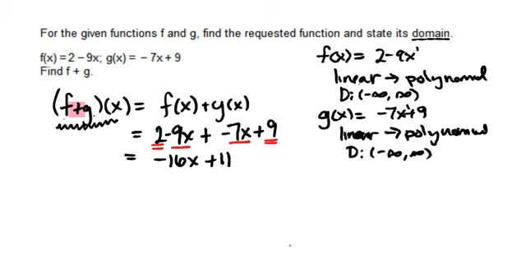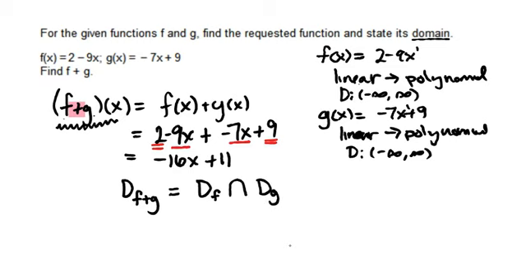So when you construct a function, you have to consider those individual domains. I'm going to write out this notation. Let's say that we have domain of f plus g, and that is going to be the domain of f intersected with the domain of g.